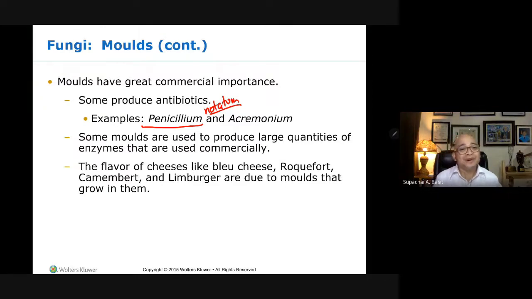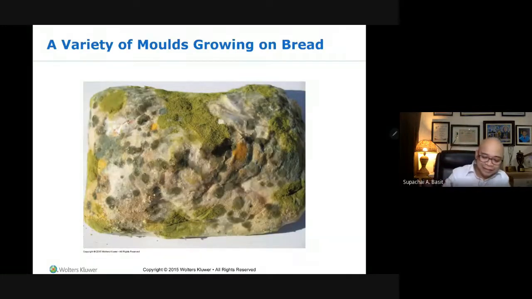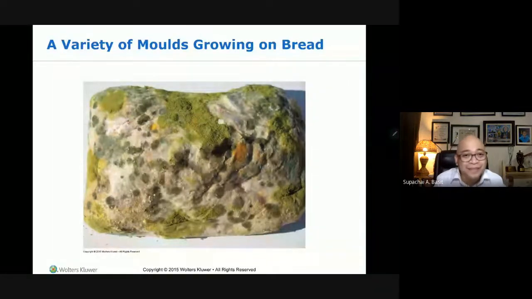The flavor of blue cheese, Roquefort, Camembert, and Limburger, these are all expensive cheeses, is actually due to molds that grow in them. So if you like the taste of blue cheese, you are actually liking the taste of the mold. This is the mold on bread. Pag nakakita kayo ng ganito sa tinapay, do not eat them anymore.